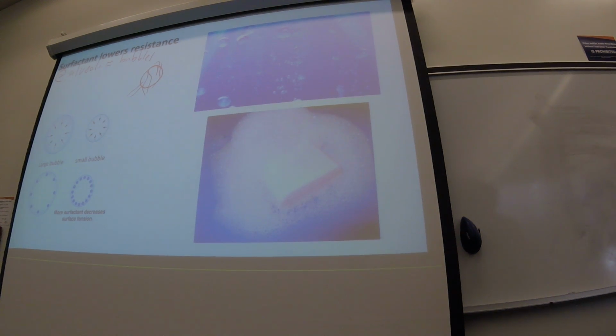So in a sense, an alveolus is just a bubble. And so it turns out these bubbles have tension to them, right? And larger bubbles have less tension than smaller bubbles.